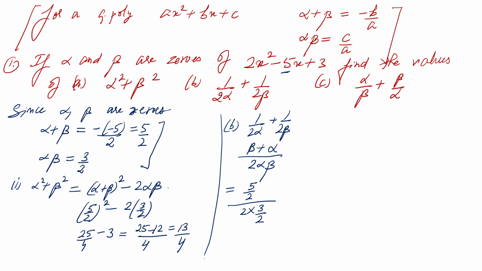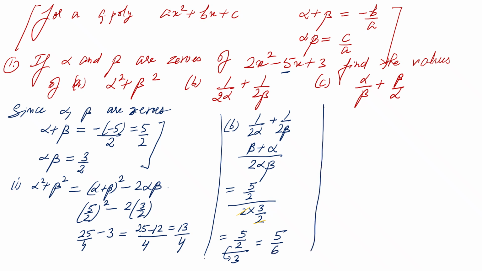And if you solve this, this 2 gets cancelled. So what you are left with? You are left with 5 upon 2 whole upon 3. So this will be equal to 5 over 6. So this 2 gets multiplied with 3. So your correct answer is 5 upon 6.